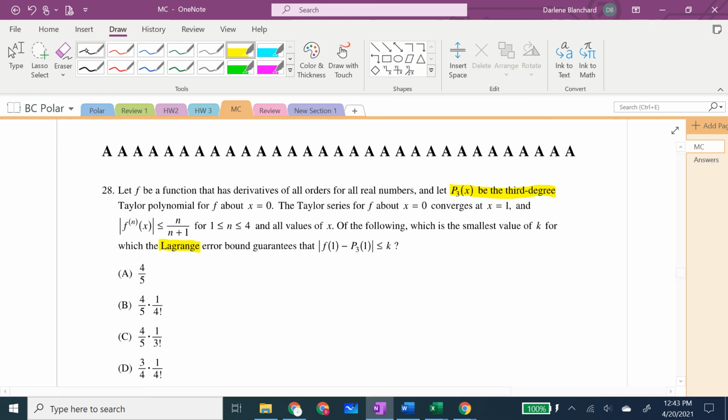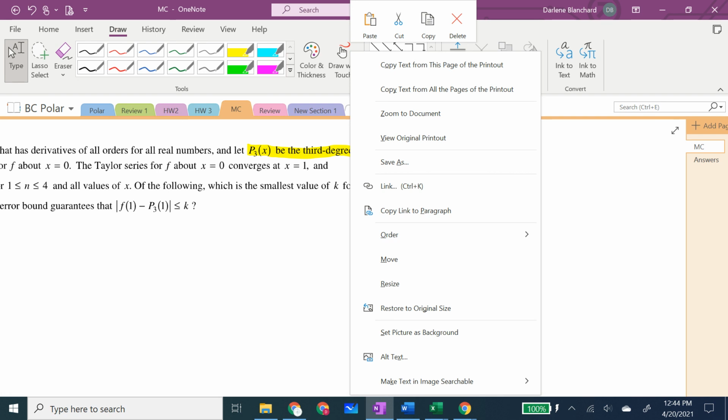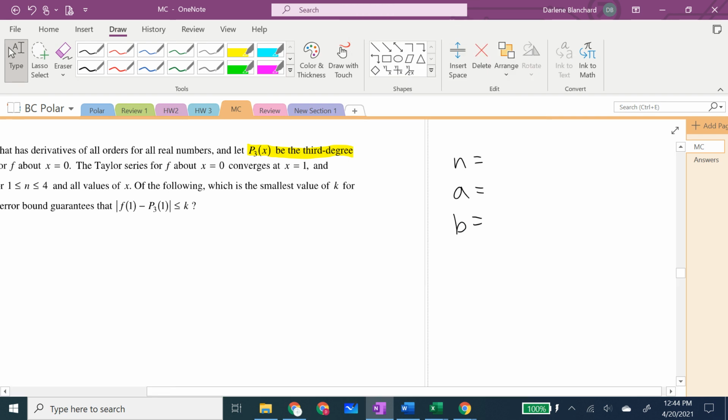And if you remember, I told you for Lagrange error, you're looking for your n, a, b. The n is the degree of the polynomial that I approximate for. The a is the center of that polynomial. This says the Taylor series for f about x equals 0.